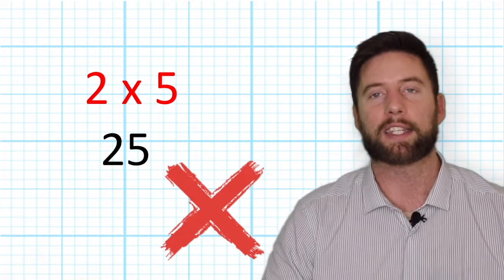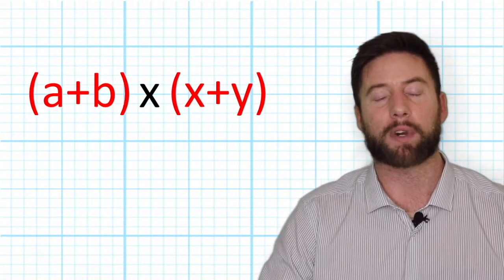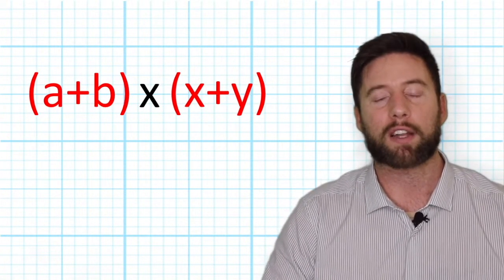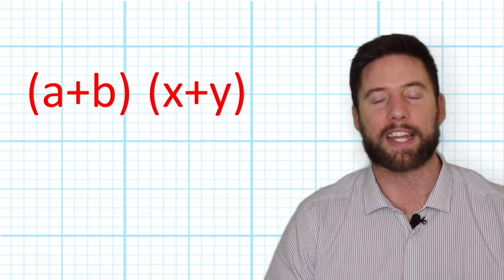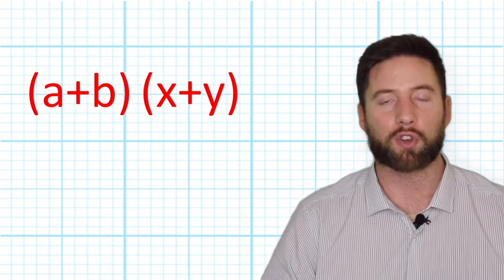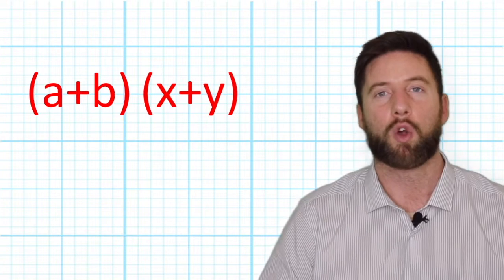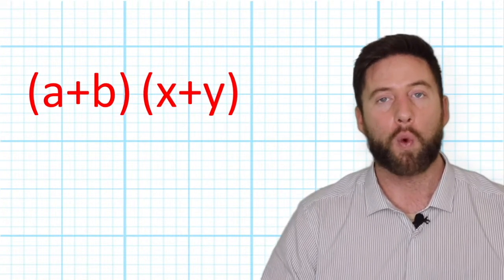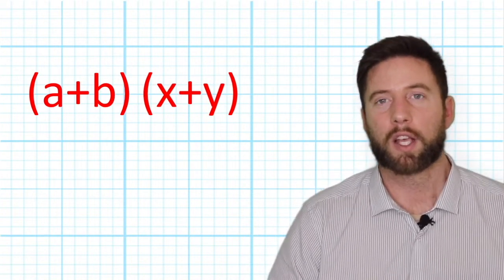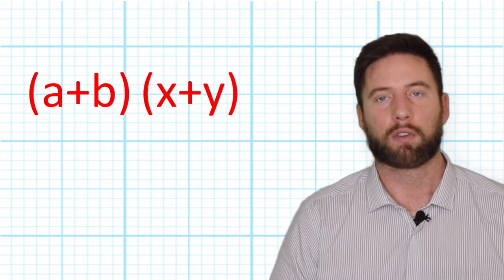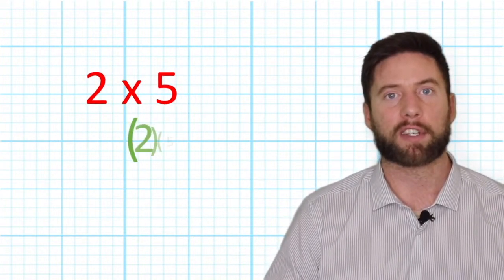So if we're putting 2 quantities together, we will still see that multiplication sign. But it will still be the case if we are using parentheses or brackets. If we see 2 pairs of brackets or 2 parentheses next to each other, without a symbol, we are going to times them. We're going to multiply the values inside each set of parentheses. For example, if we saw this with A plus B in a bracket and X plus Y in a bracket, with no other symbol between them, we know that we are multiplying A plus B times X plus Y. So technically what we could do, going back to our 2 times 5, is we could put them in brackets, in parentheses.